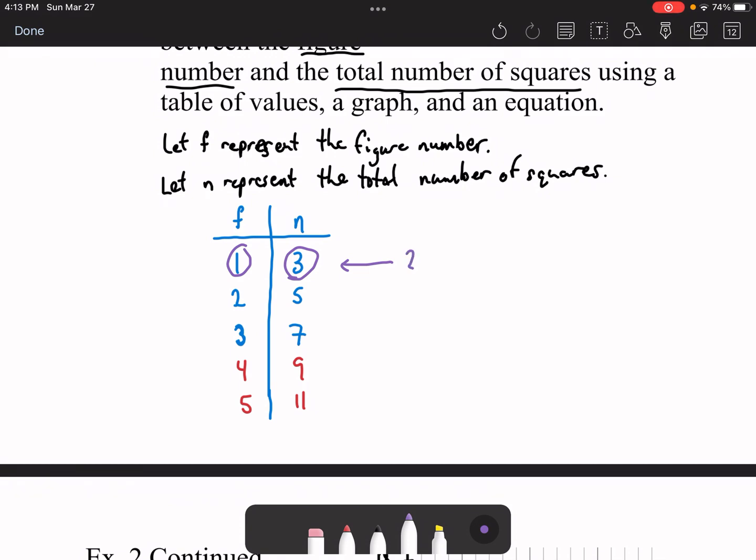So, double the value 1 plus 1 will give you 3. Double the value 2 plus 1 will give you 5. Double the value 3 plus 1 gives you 7. And so forth.